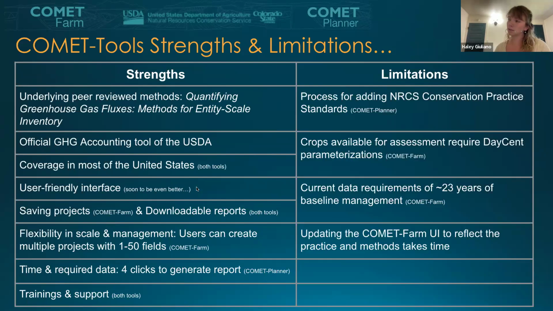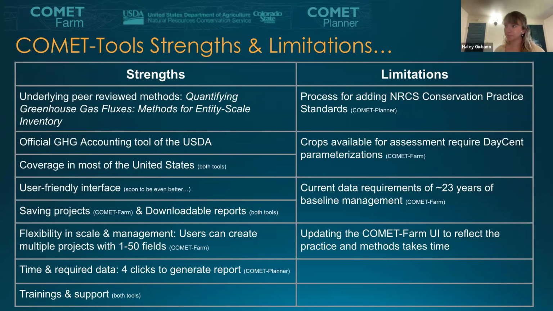One limitation is that while COMET-Planner does offer a wide variety of NRCS Conservation Practice Standards, for additional practice standards and implementations to be added into the tool, it does take funding, time, interest, and the science on how that has been implemented in the area. So it is a long review process of adding any practices, and whether they are able to be added to the tool.